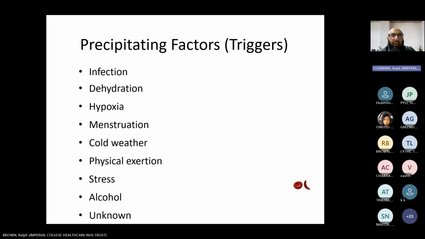Women undergoing hormonal fluctuations, around the time of menstruation or during pregnancy, are at higher risk of crises. Other triggers include exposure to cold environments, excessive physical exertion, stress, and excessive alcohol consumption. And in many cases, there's no obvious identifiable trigger.